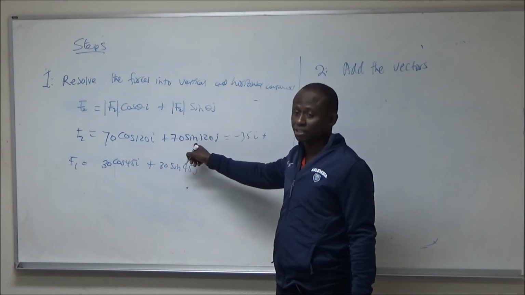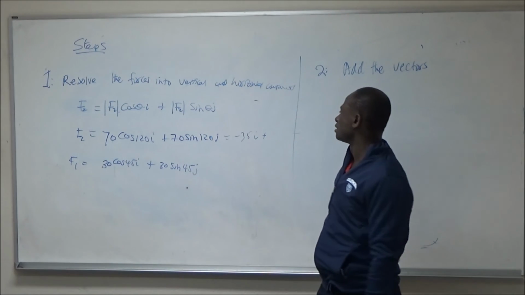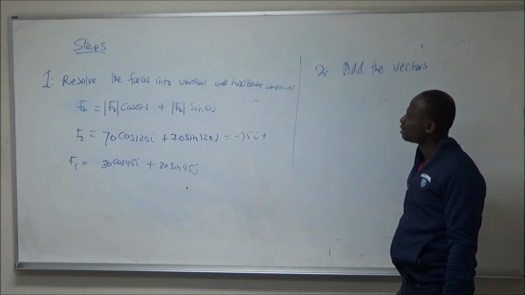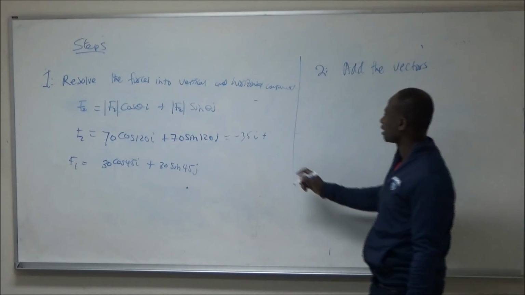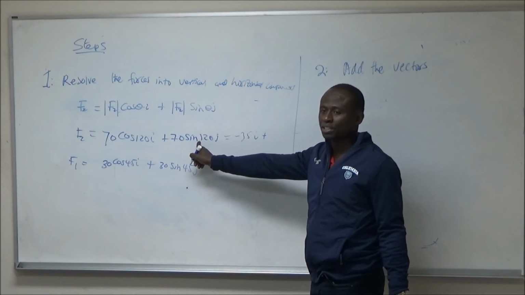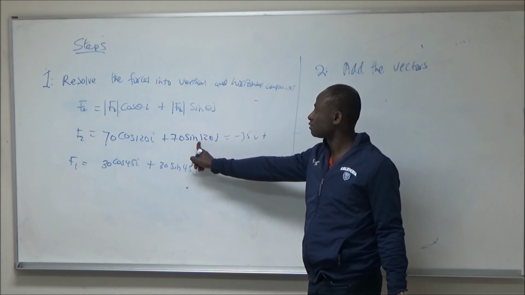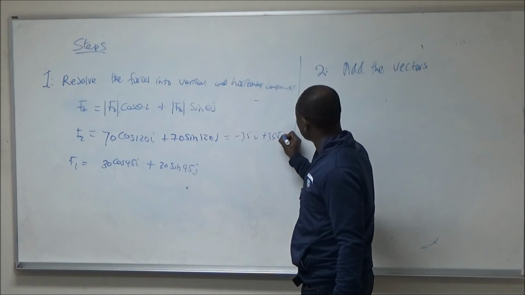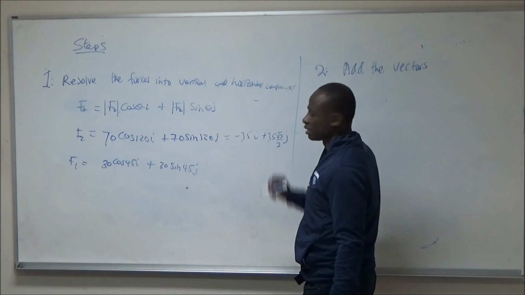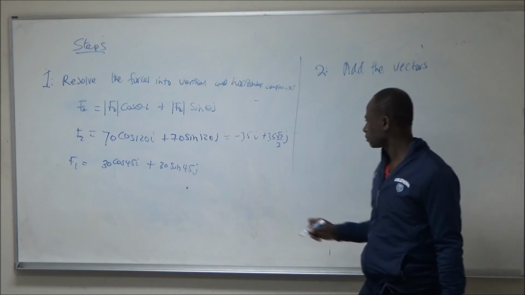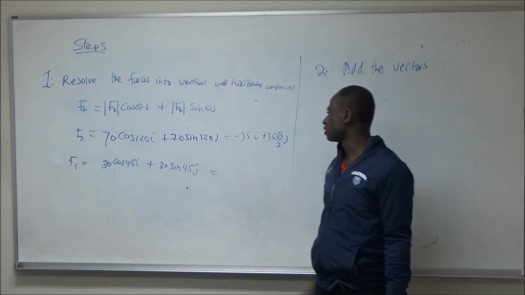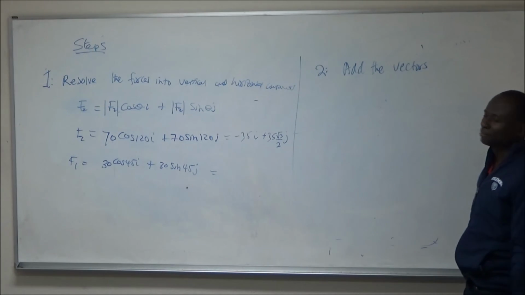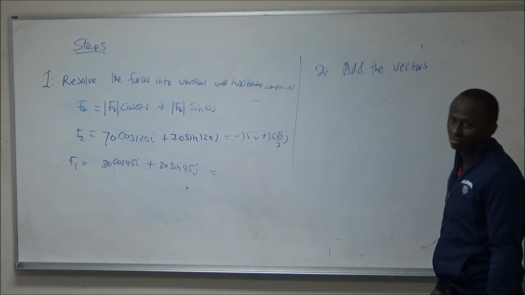plus, this is a positive one, right? This is 35 root 3 j, because sine 120 is root 3 over 2, positive. Is that it? Yeah. Then we go to this one. 45 doesn't matter. It's root 2 over 2.